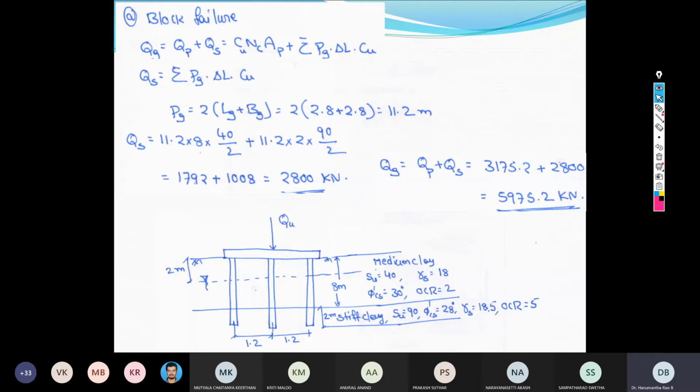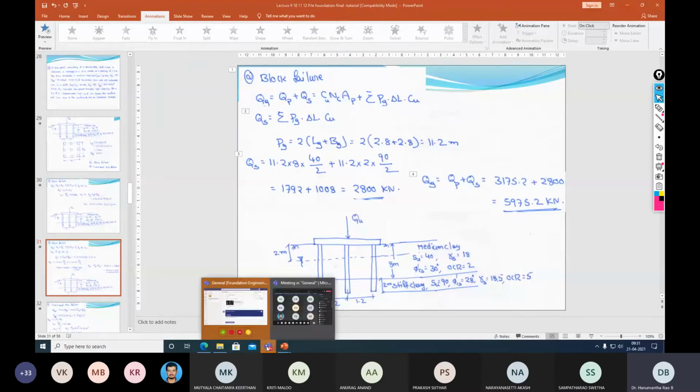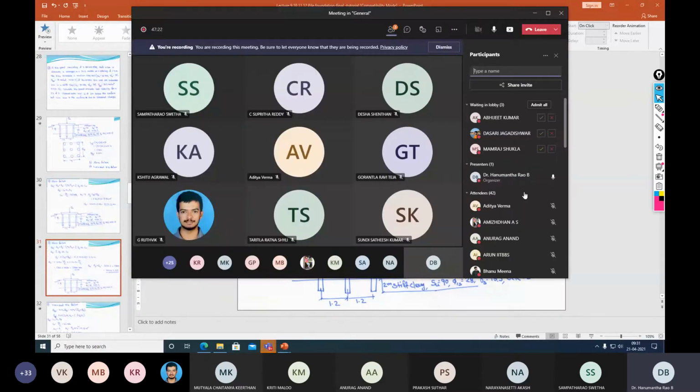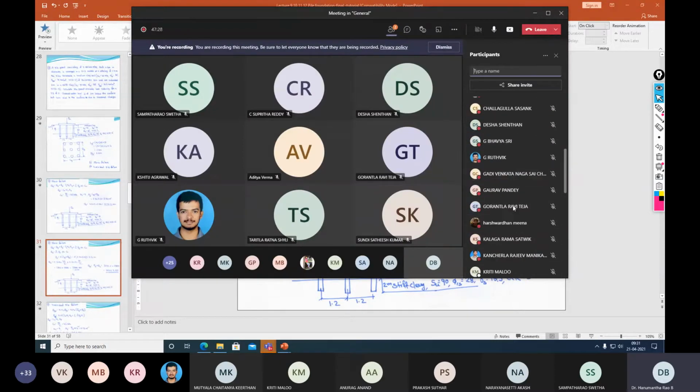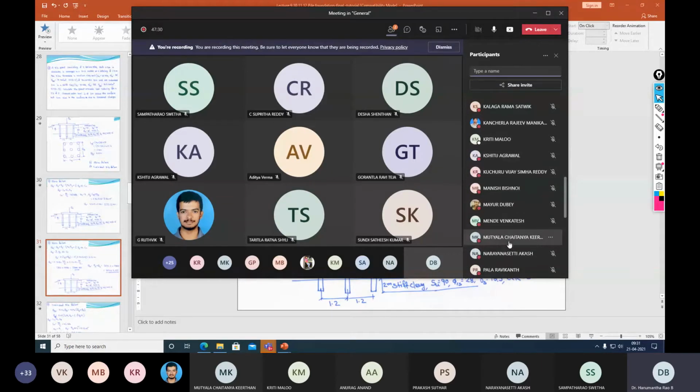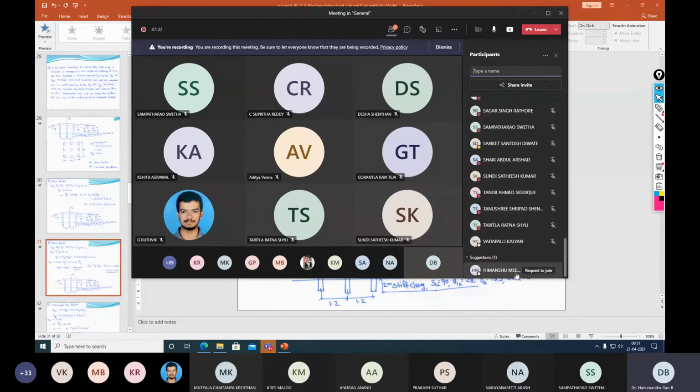Any questions so far? Anybody unable to understand how to calculate this? Let me inquire.